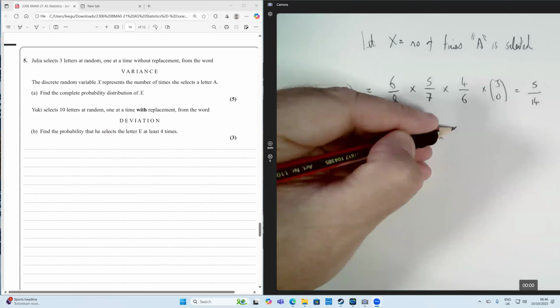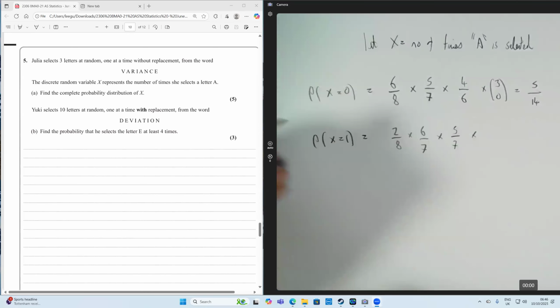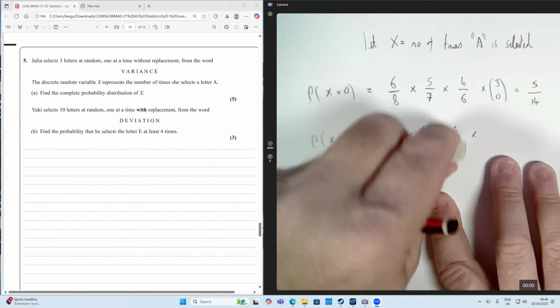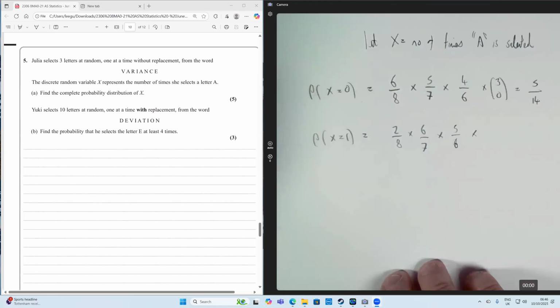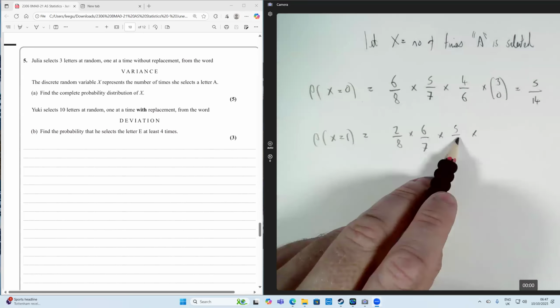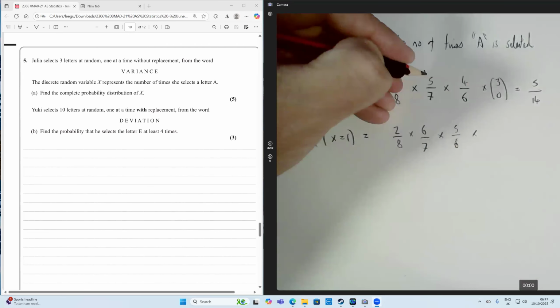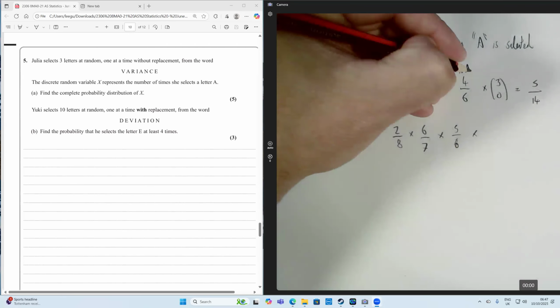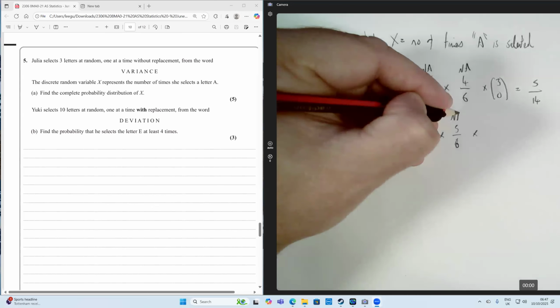And then 5/6, sorry, because there are then 6 remaining, 5 that don't have an A out of 6. So this is selects an A, not A, not A. In fact, you could write down: this is an A, that's not an A, that's not an A.